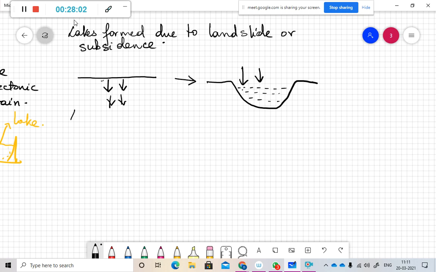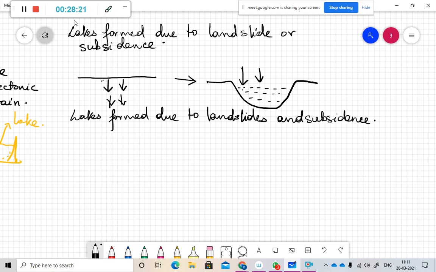An example is the Sun Lakes of Washington.